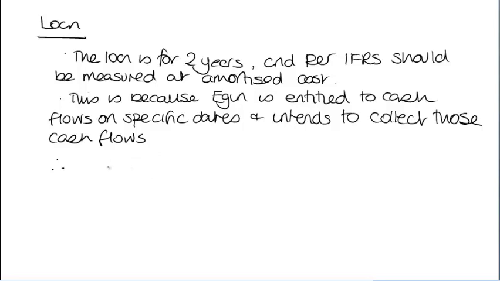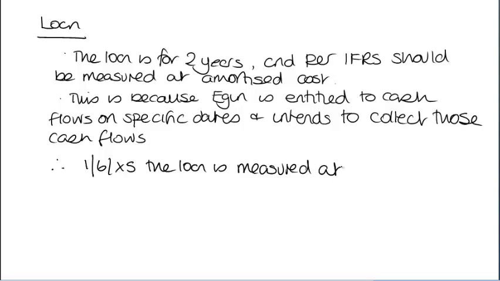So what we would do here is on the 1st of June X5, the loan is measured at, how much is that going to be? It's $10 million. The rate of interest is 6%. And that loan's for 2 years. So we've got to show it on an amortized cost basis. Let's work that out.